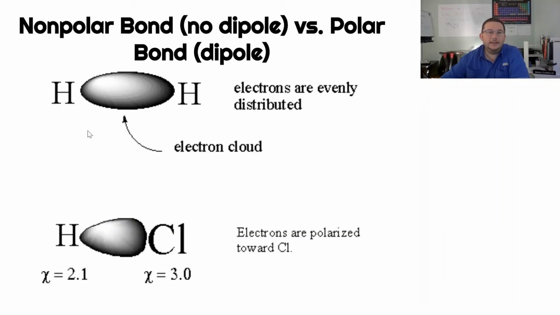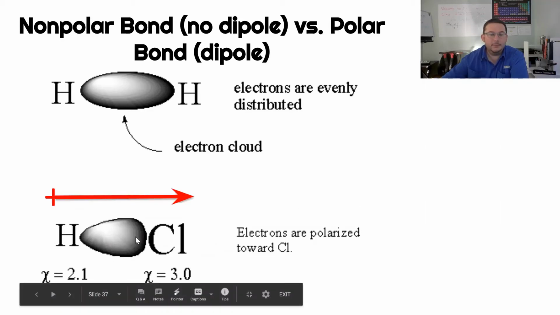So here we can see a nonpolar bond in HH and a polar bond in HCl. We'll see this even distribution of electrons right here, the electron cloud evenly distributing those electrons. This is a nonpolar bond. There is no dipole. Whereas down here, we do have a dipole. We have this HCl molecule, and the Cl is more electronegative, so we're going to have the negative end over here and the positive end over here on the hydrogen.